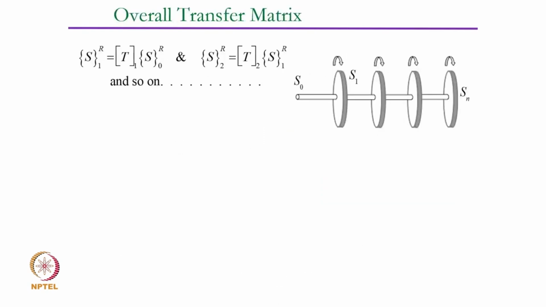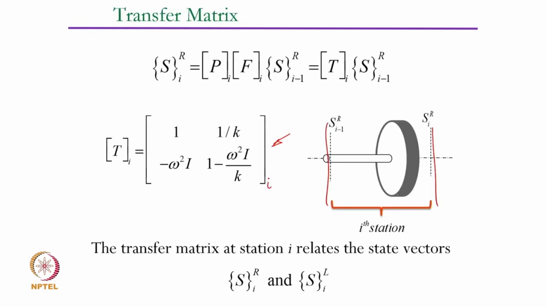Then, as we discussed, what we are supposed to do is keep on adding a number of segments. As a general expression which we have seen earlier, SIR is related to SRI minus 1, so the larger segment gets related to the previous segment.